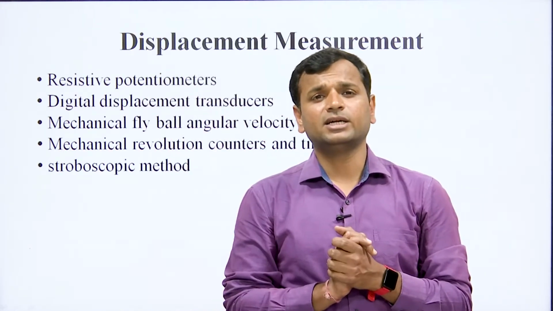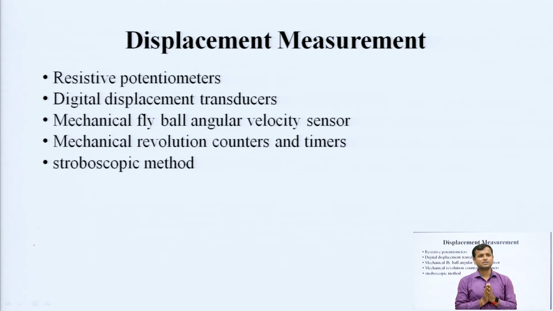There are various techniques of measuring displacement. First, we have seen the resistive potentiometer, then the digital displacement transducer, then the mechanical fly ball angular velocity sensor, mechanical revolution counters and timers, and the stroboscopic method.